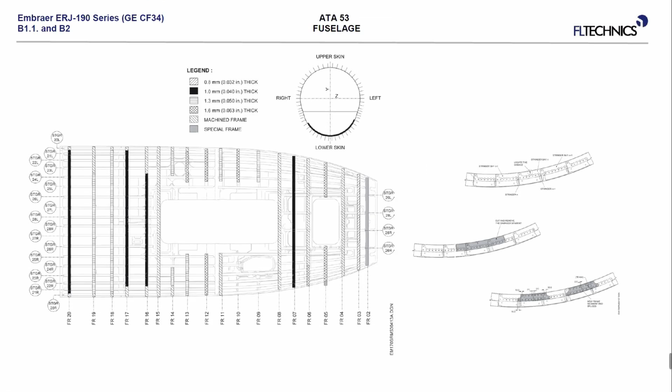But as I said, we have such a big number of differences in the structure depending on the section and the specific location. So in many cases it's not possible to have a general repair. It's not possible for Embraer to say all frames you're going to repair with this procedure, all stringers with this procedure. No, because we have different locations with different structural specifics.